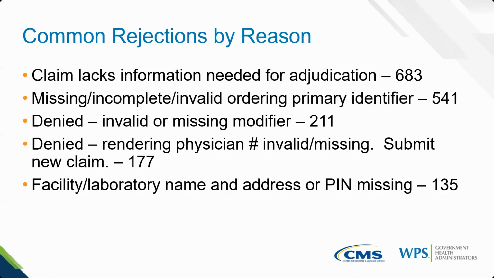That means just what it says. You're missing that primary ordering provider number on your claim. Maybe it's incomplete. You didn't key it correctly. Maybe it's invalid. Maybe because it was keyed wrong, it doesn't match up to the clinic number on that claim. So missing, incomplete, invalid ordering primary identifier, big one for your specialty.